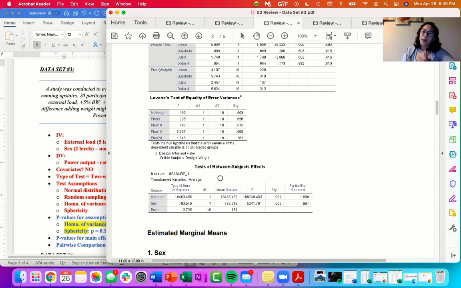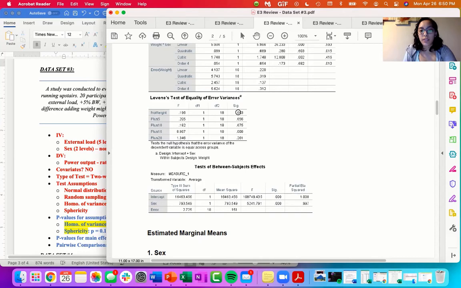So I think this was a point of confusion for some of you when you were doing your activities, because the within subject measurements are evaluated with sphericity. So when we look at the dependent variable, which is power output, we have to look at each within subject category separate from each other.